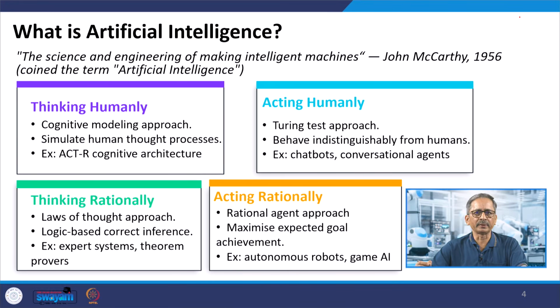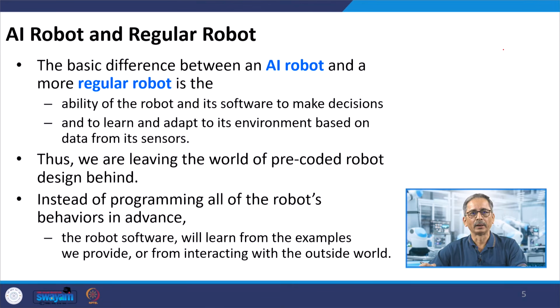The features which we expect from AI are thinking humanly, that is the cognitive modeling approach, simulating the human thought process; then acting humanly, it should go through the Turing test approach, which we are going to see a little later; and then it should think rationally, and not only thinking, it should act rationally as well. These are the features we want AI to have.